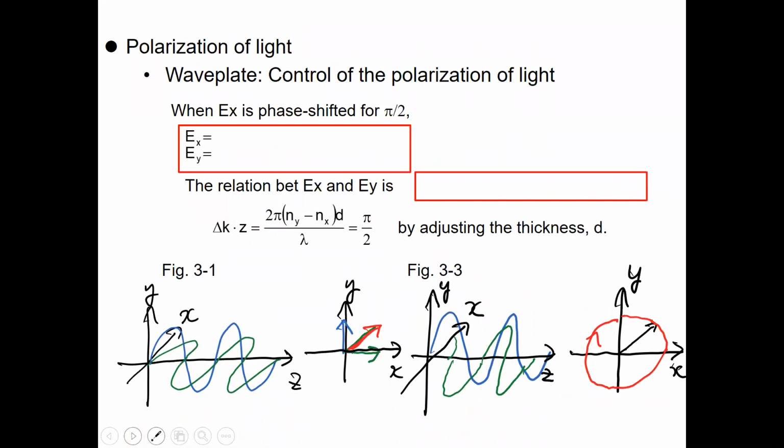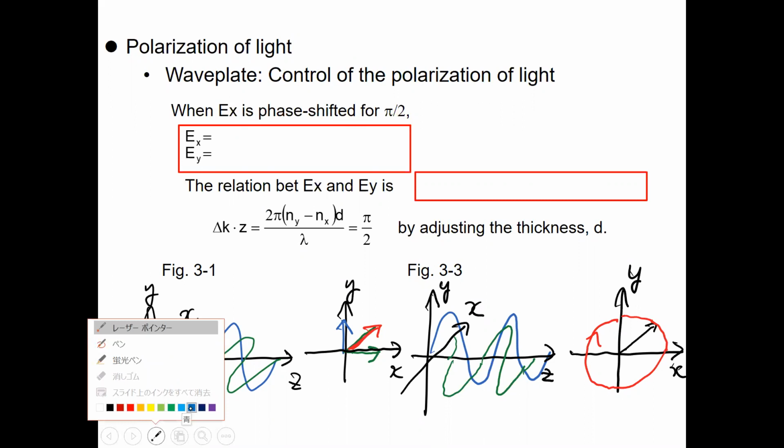Similarly, consider when only the EX field is phase shifted by pi over 2. Let's think about this. Please stop the video, write down the EX field and EY field, and think about the relation between them.